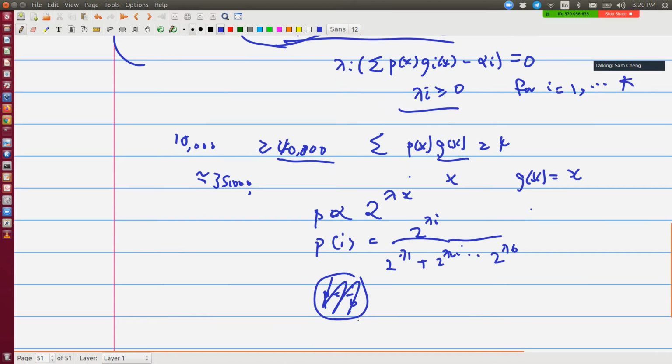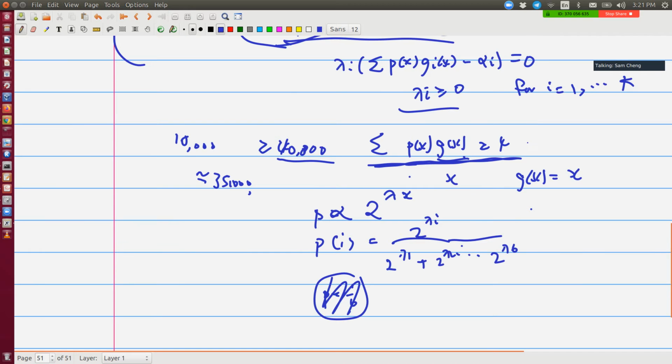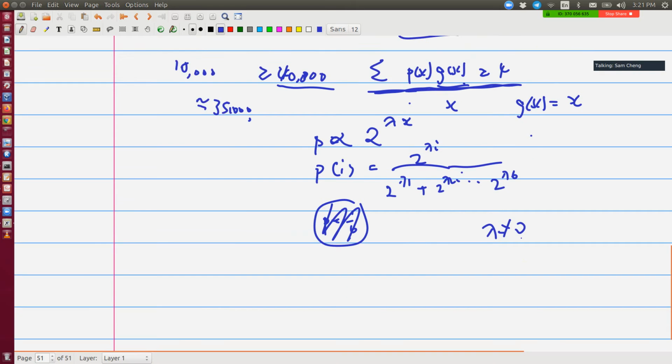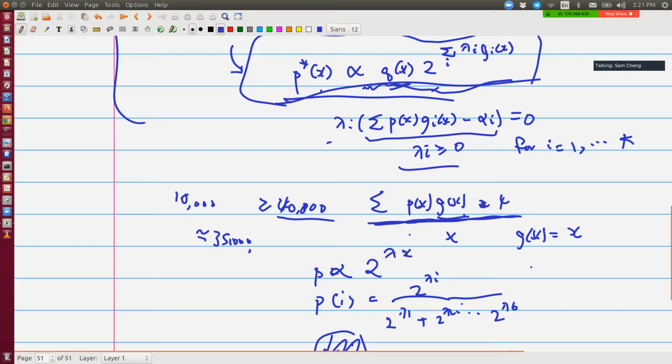If p equal to 1 over 6, this constraint will be violated, so I will have this expectation equal to 3.5 instead of bigger than 4. Since lambda is not equal to 0, by complementary slackness, I should have this equal to 0. That means this is exactly equal to 4.